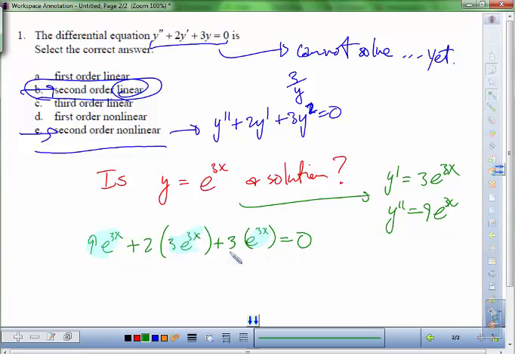So, what is it, 18? Then 22? 18? So, the point is that if this was a solution to the differential equation, we should have these two things equal each other, and they're not.